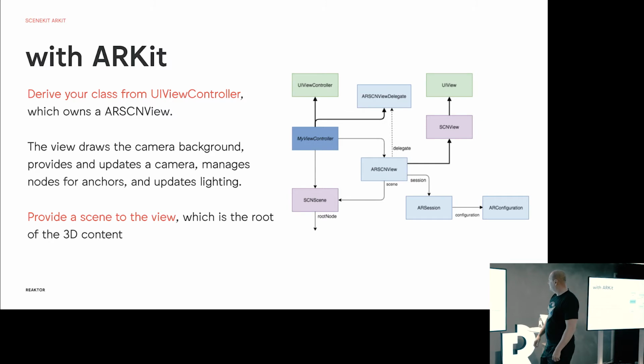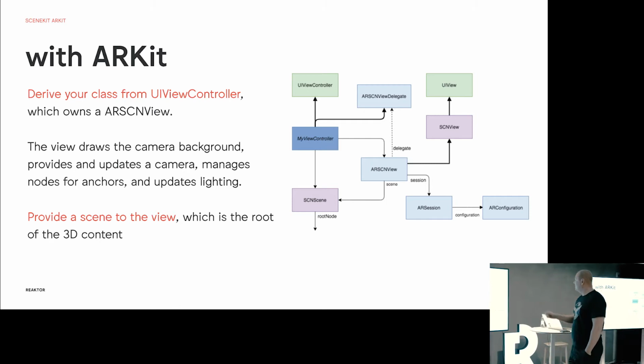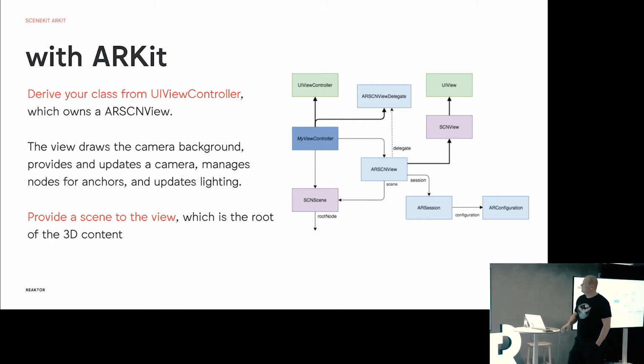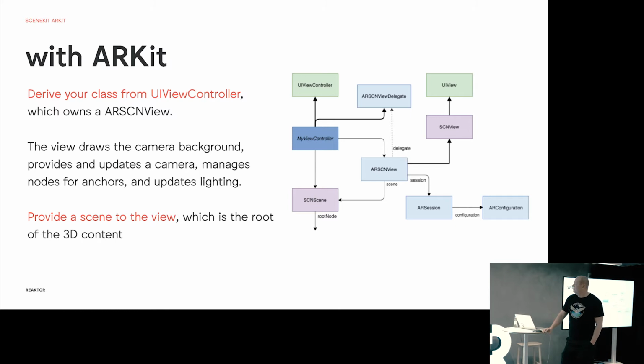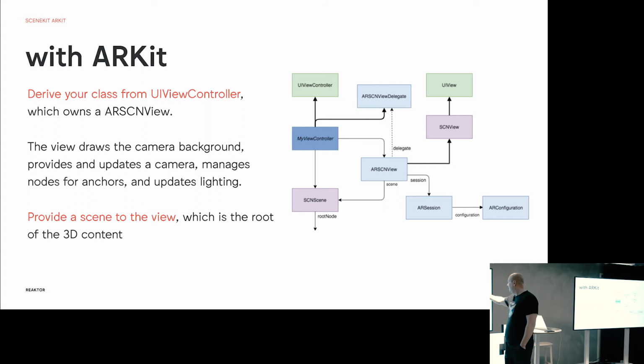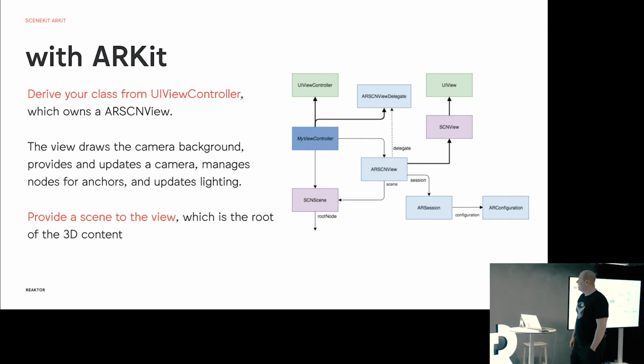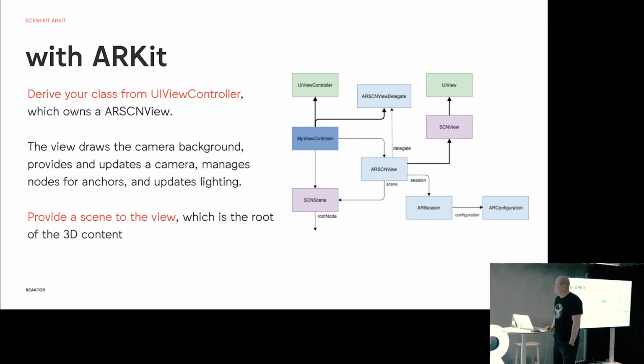You need to start the AR session by calling run on the session, and you need to give it a configuration. I have some slides over that. The ARSCNView derives from a SceneKit view, and then that derives from a normal UIView, so a fairly normal situation.